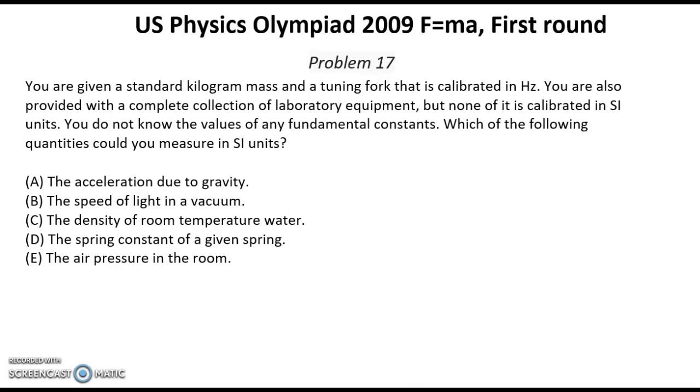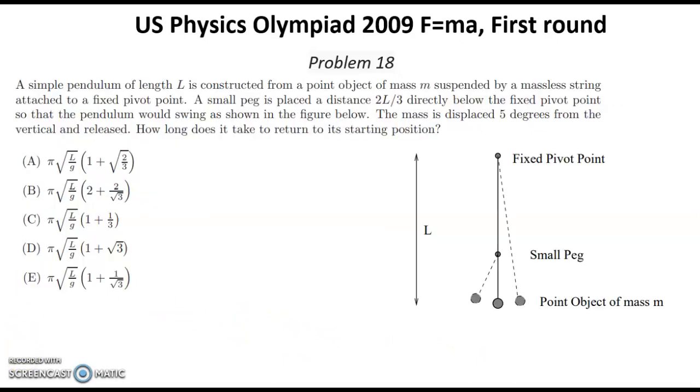So we can connect the mass to the spring, connect it to the fork like this, and measure the frequency of oscillation of this system. From this frequency we can find the constant K. This is the formula for finding the constant K. So the correct answer is D.